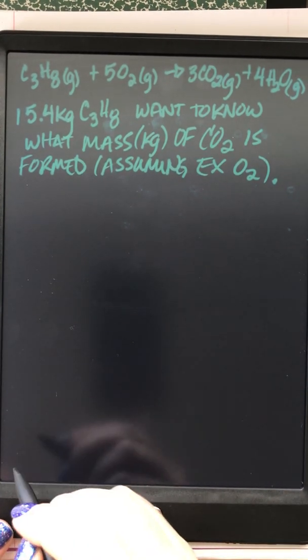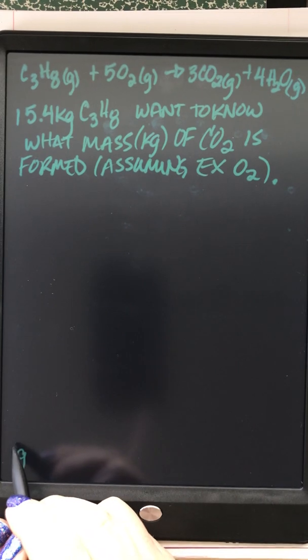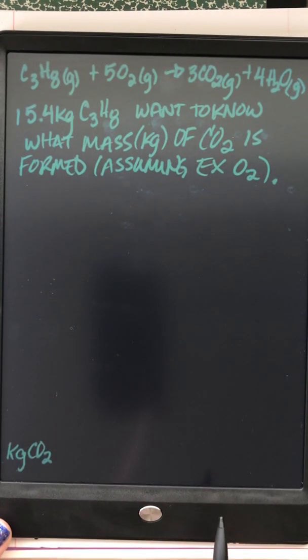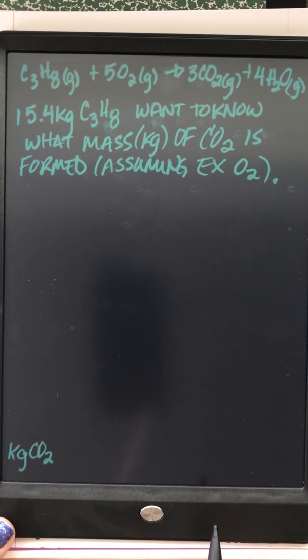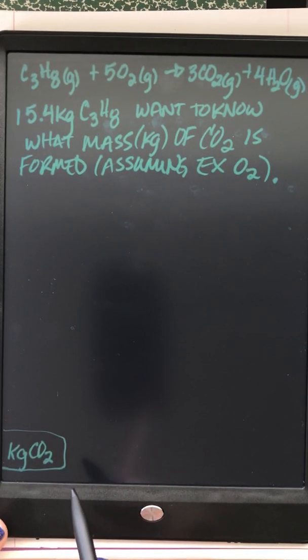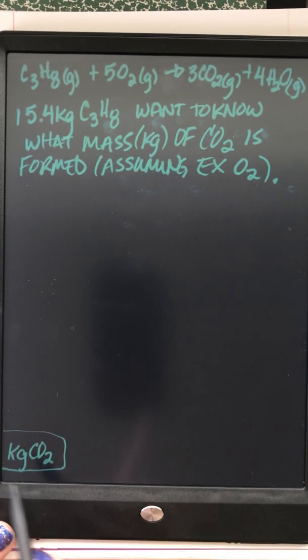Cool. So the next thing we want to do is set up our roadmap. Right? So here we're starting off with kilograms of carbon dioxide, right? So what's the first thing that we should be thinking to do with our kilograms of carbon dioxide?